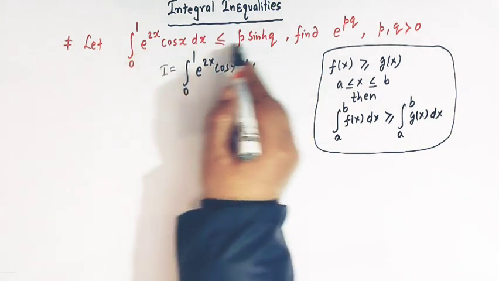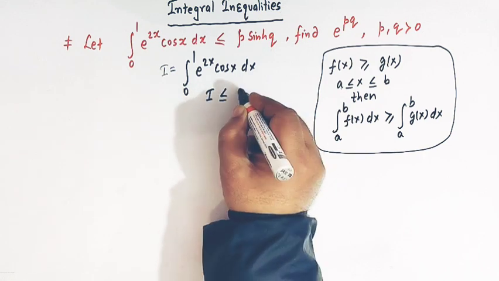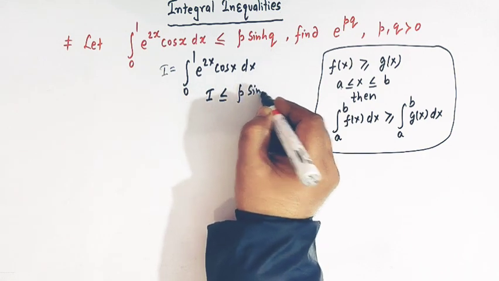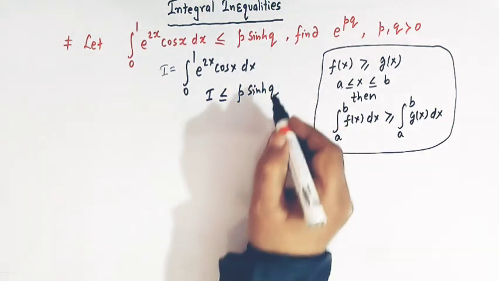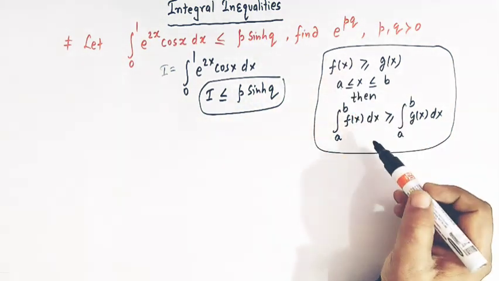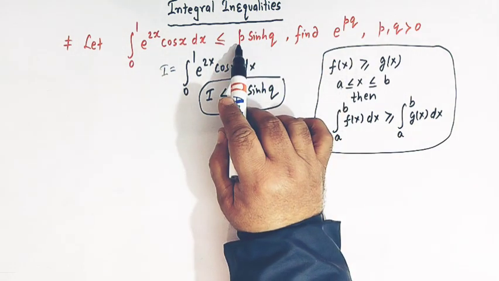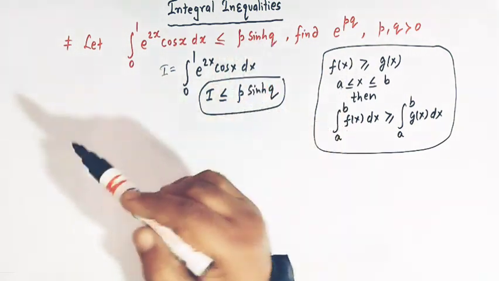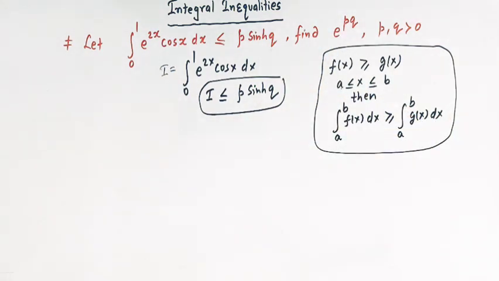So now this inequality reads as I less than or equal to p times the hyperbolic sine of q, right? Now we are given this inequality, and with the help of this result we have to find the values of p and q, and then we can find out the value of this expression, that is e raised to p times q.